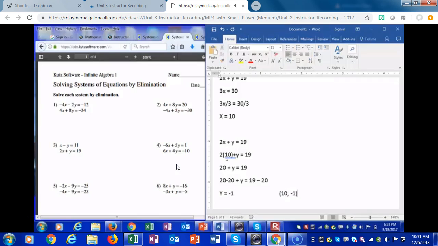Any questions or concerns on this? If not, I just want to do a beeline into solving systems of equations by graphing.